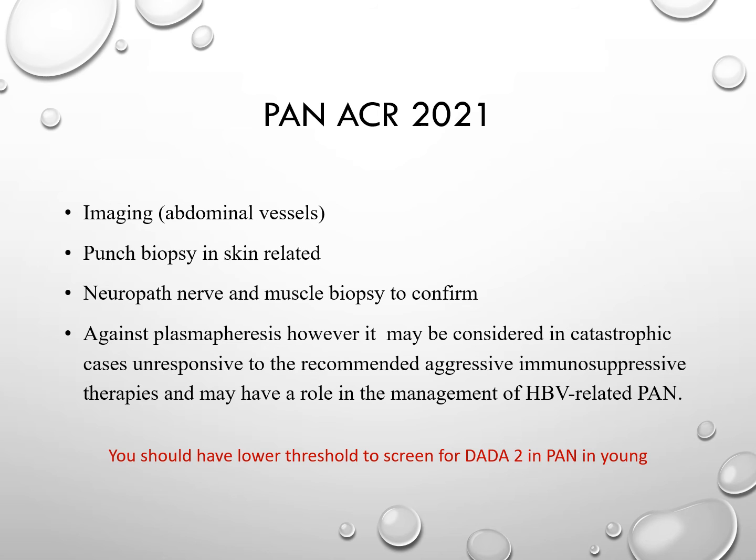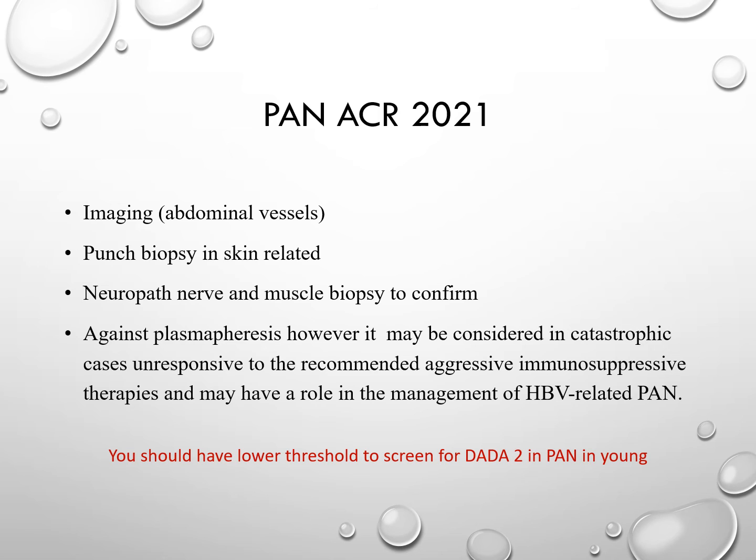They also recommended against plasmapheresis because they found that the balance of benefit relative to risk for those patients is low. So unless you have a patient with severe hepatitis B viral-related PAN, plasma exchange at that time or plasmapheresis can help.